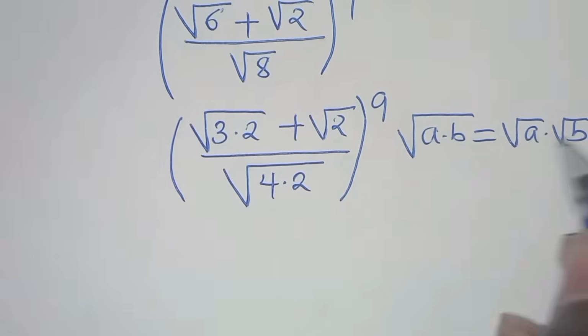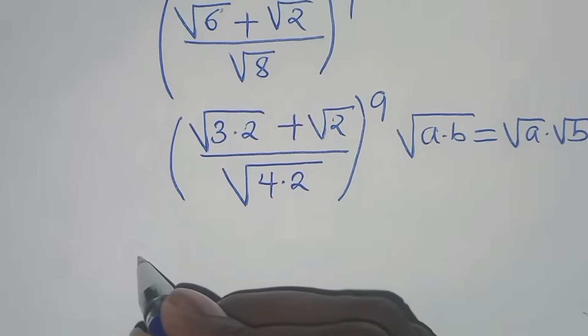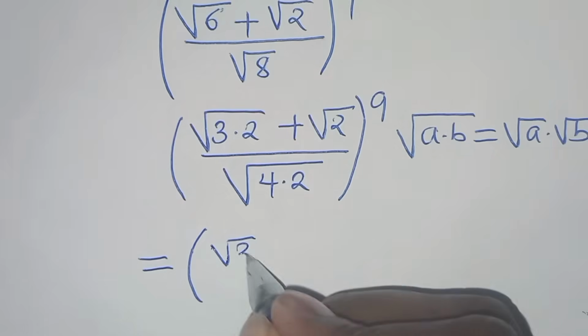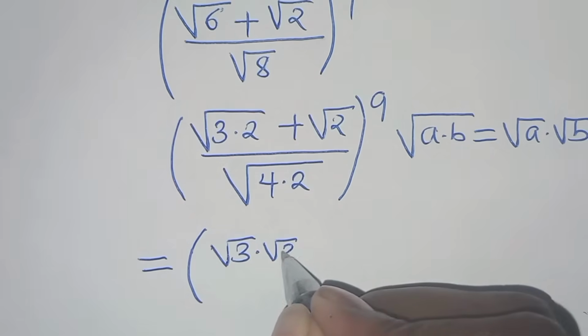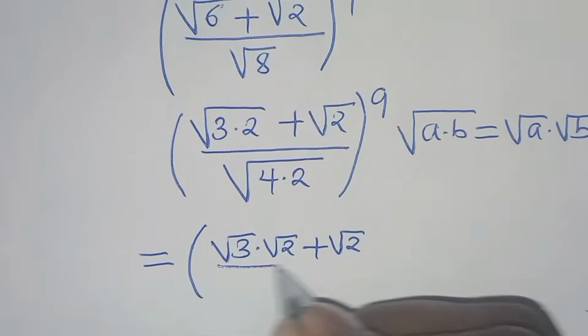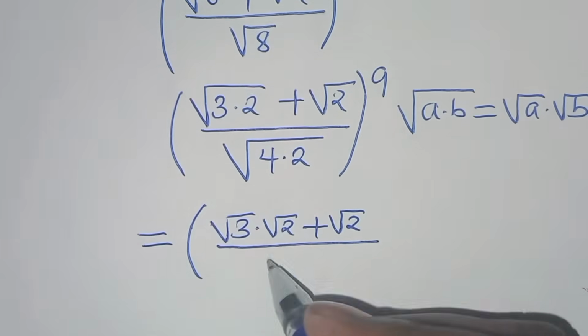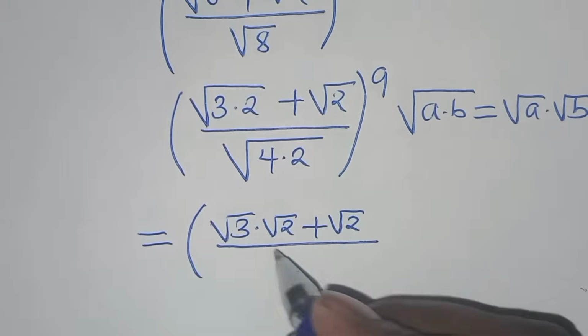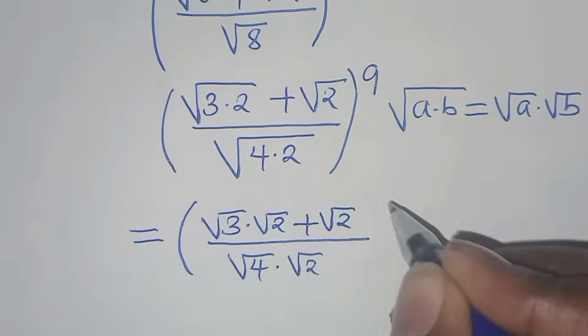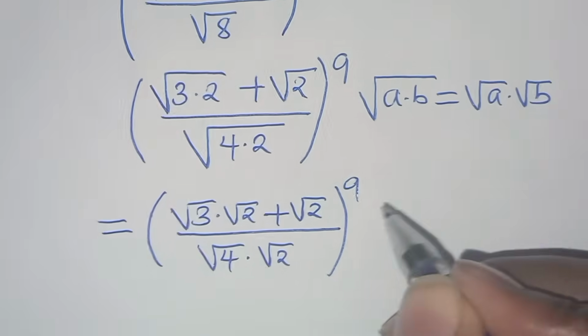Applying this property, we have √3 × √2 + √2, divided by √(4×2), which can be expressed as √4 × √2, everything raised to power 9.